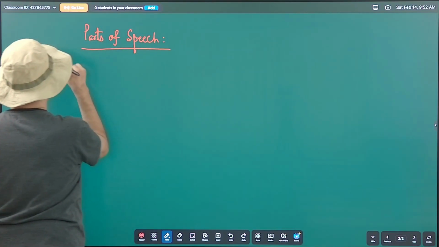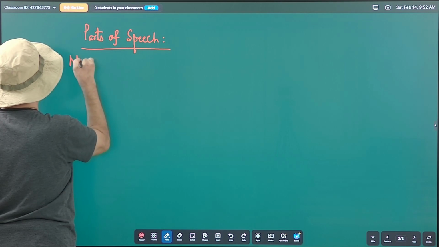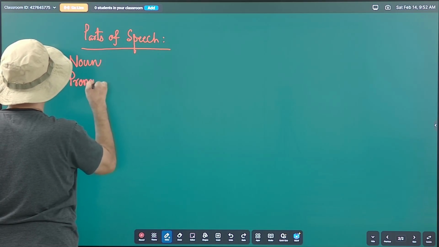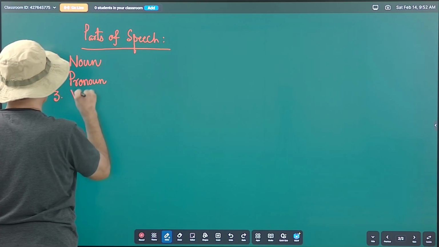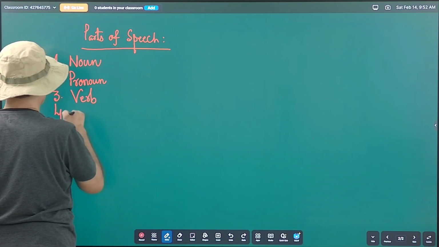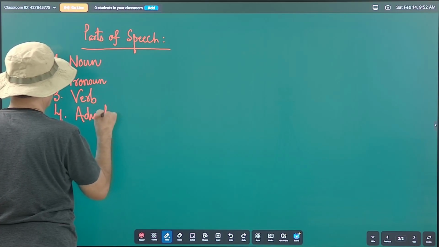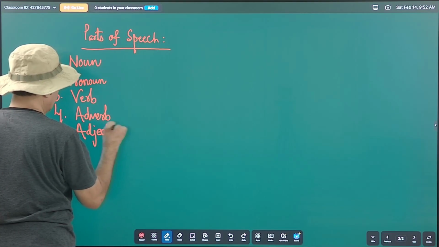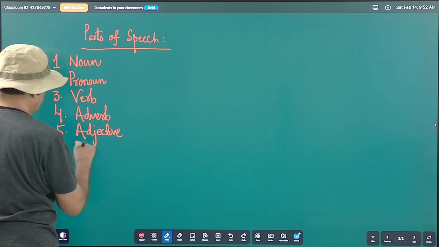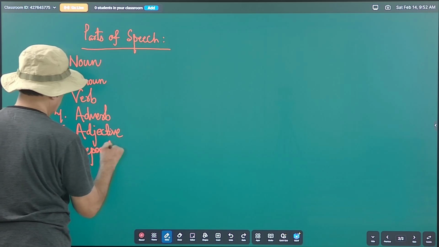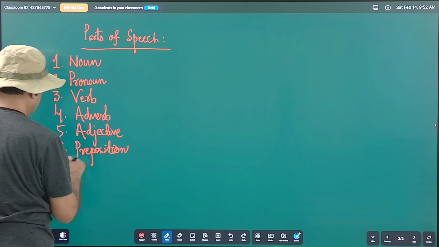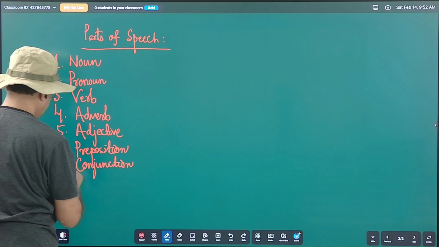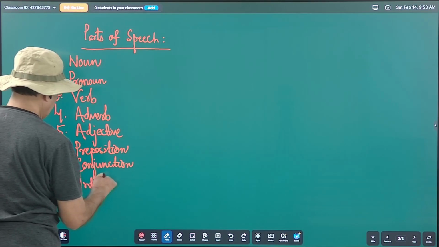Parts of speech. Noun, pronoun, verb, adverb, adjective, preposition, conjunction, and last one, interjection.